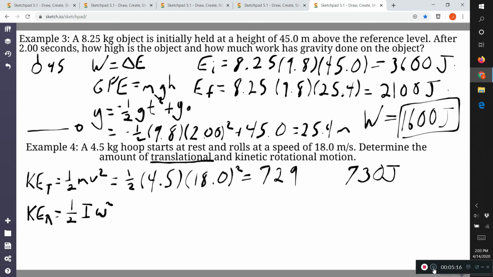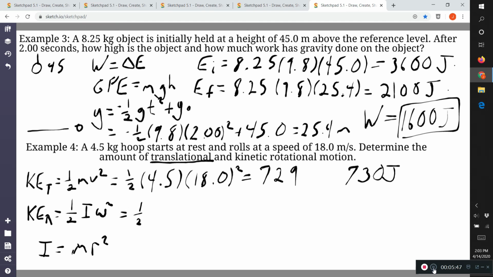So what we need is we need to think of I in terms of our mass. Our moment of inertia is always related to our mass. So the moment of inertia formula for a hoop is mr squared. So we could solve this in terms of mass, but it's important to just note that it's mr squared. I'm going to put that in there.